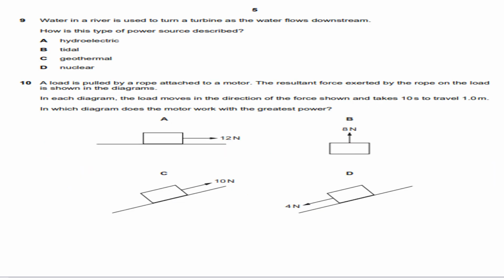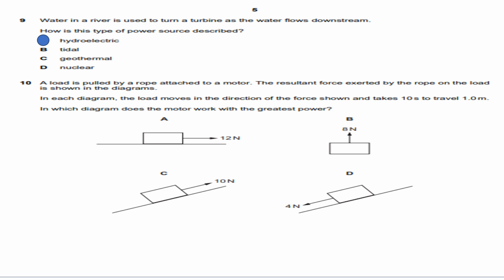Water in a river is used to turn a turbine as the water flows downstream. How is the type of power source described? Hydroelectric, tidal, geothermal, nuclear. Here the answer will be hydroelectric.